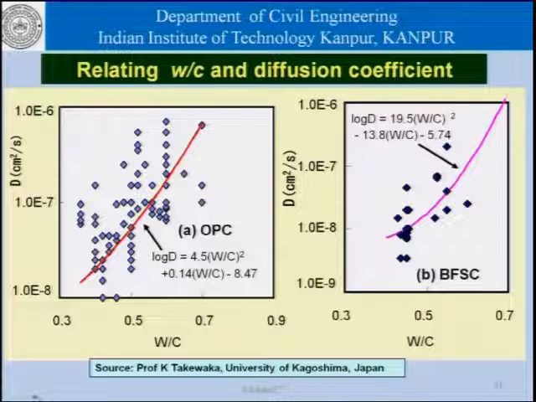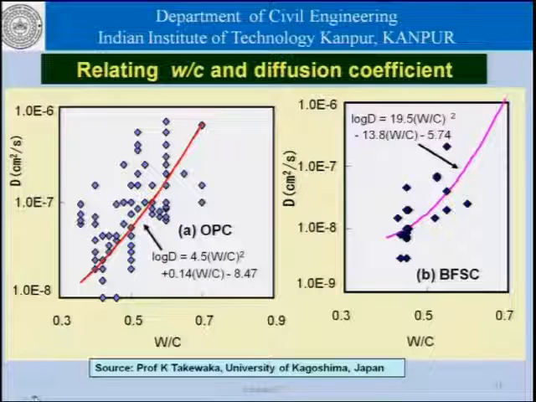Efforts have been made in literature to relate water cement ratio, which is known to be the most important parameter as far as porosity is concerned, or for that matter the cement type, and we will find that if we collate the information about the diffusion coefficient from different sources, we will get a scatter which is of the nature shown here.